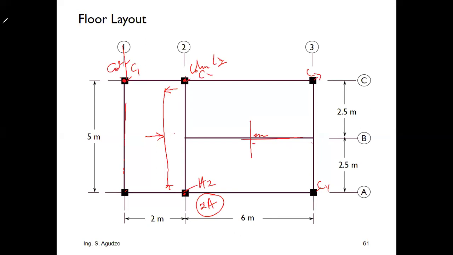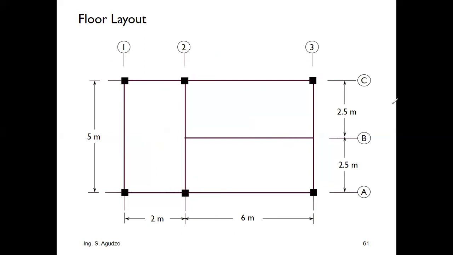Now that you understand the plan, you can see clearly that what is defined by the beam is what we call the slab panel. So let's say slab panel 1, slab panel 2, and slab panel 3. If you look at slab panel 1, the shorter side is 2 meters, and the longer side is 5 meters.